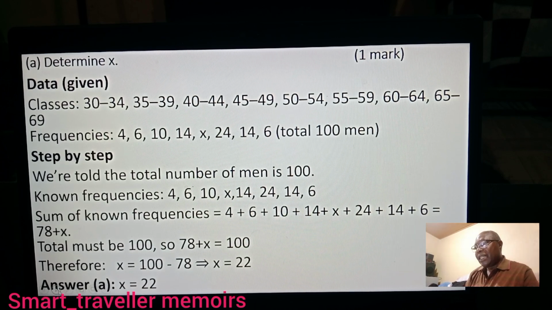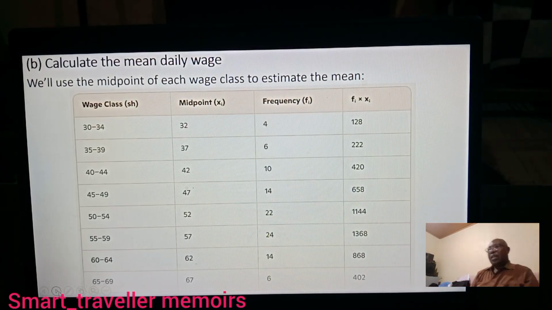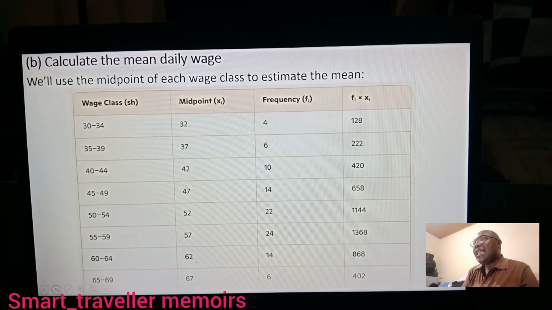So, 78 plus X must be equal to 100. Therefore, X is 100 minus 78, which implies X is 22, and therefore the answer to A, the missing frequency, is X = 22.